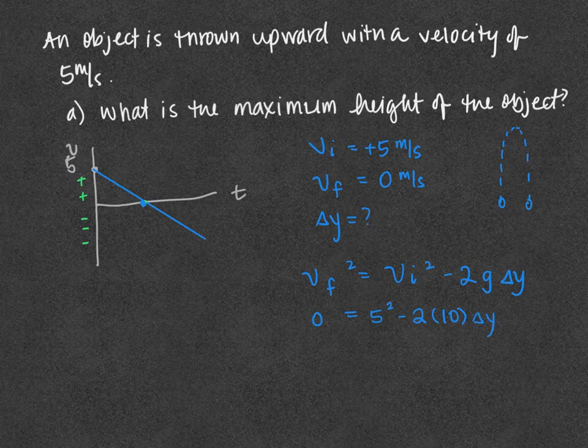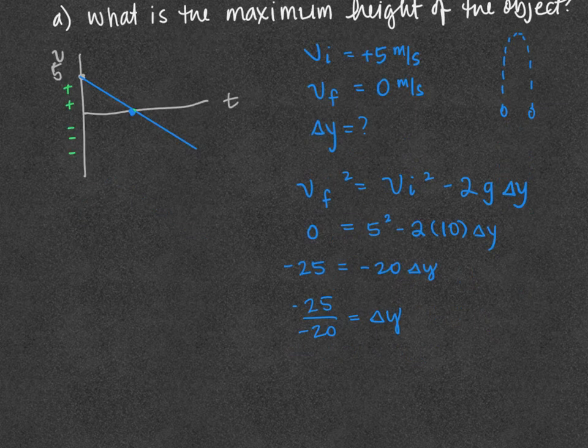So then I'll have negative 25. 5 squared is 25, subtract it from both sides, is equal to negative 20 times delta y. Divide both sides by negative 20 and I'll get delta y, which would be equal to 1.25, and delta y is a measure of position, so it should be meters, 1.25 meters.